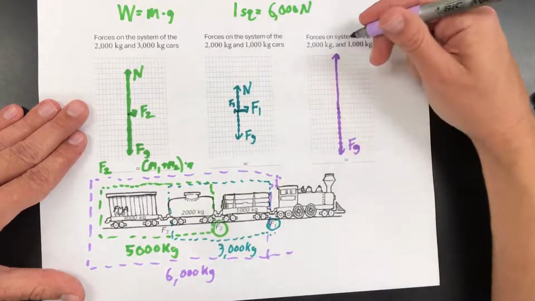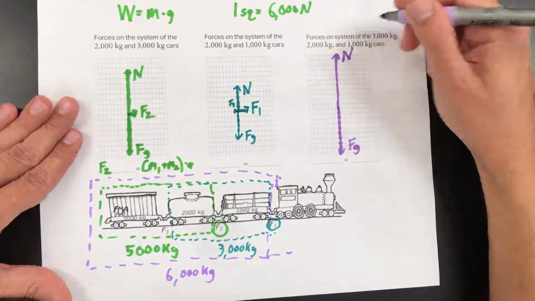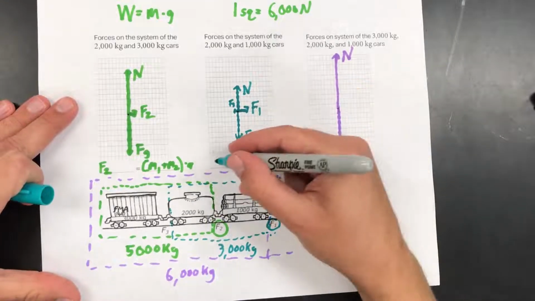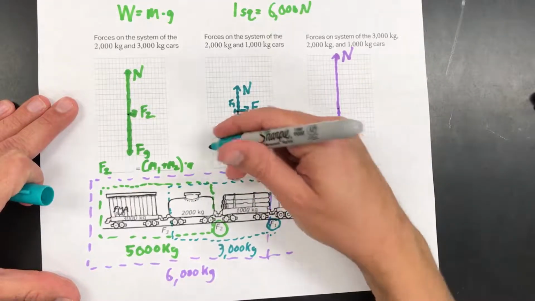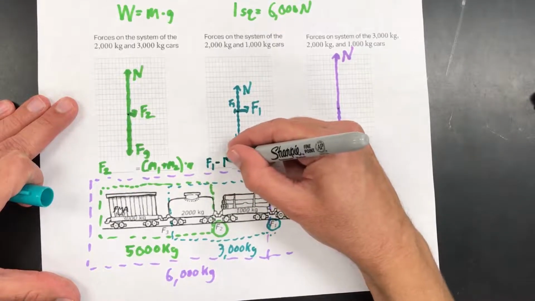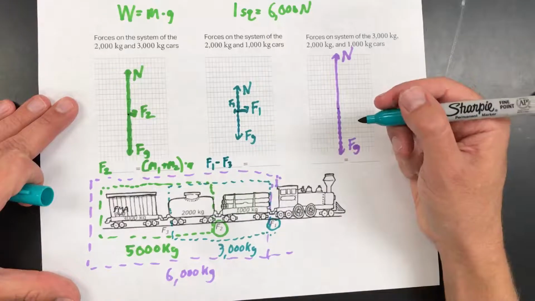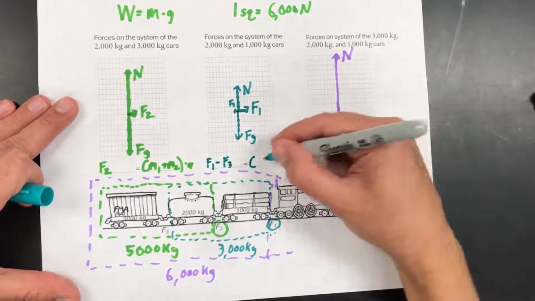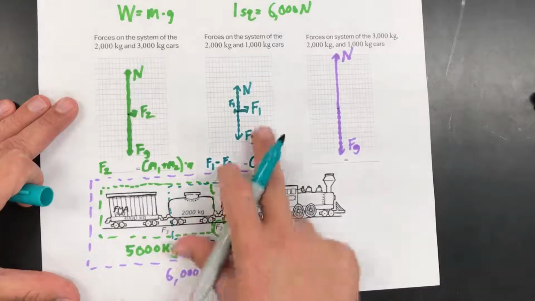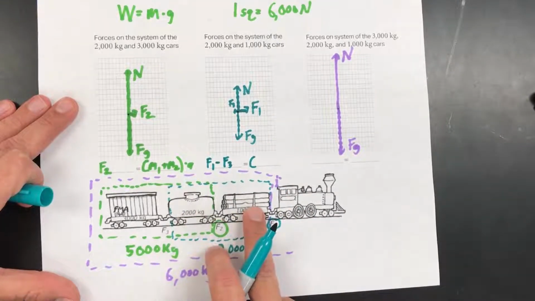And I'm looking over here and realizing I forgot to write the equation. So let's pause for a moment and do that. What is the equation here? On this side go the sum of the forces. We have F1 pulling us forward, and we have F3 pulling us backwards. The mass part of MA is the mass of the system we're talking about. In this case here, it was the 2,000 and the 1,000.